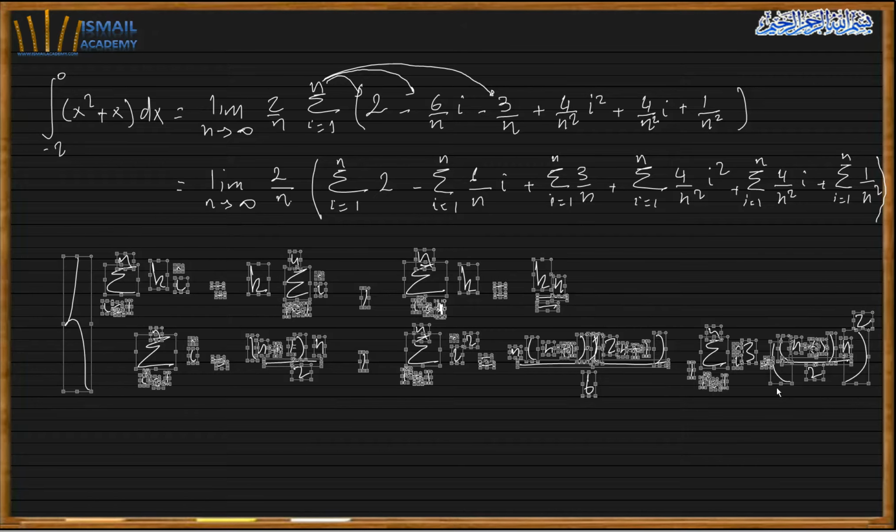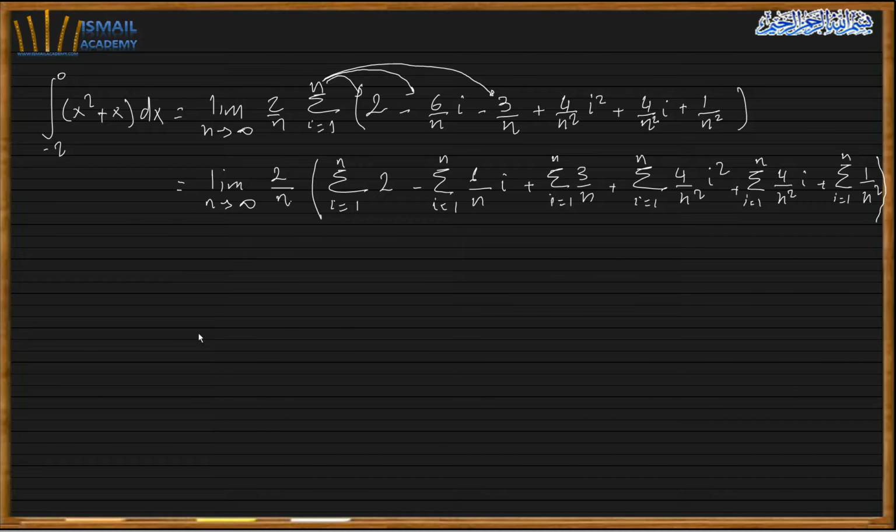Here, like I told you, it's going to be the limit as n goes to infinity of 2 over n. This is just a constant, so it's going to be 2 over n times minus 6 over n, the constant I have, k i, so I can pull the constant out. It's going to be 6 over n, the sum of i going from 1 till n.